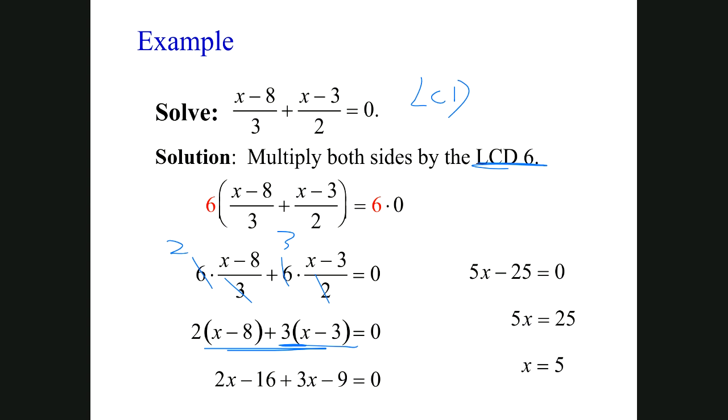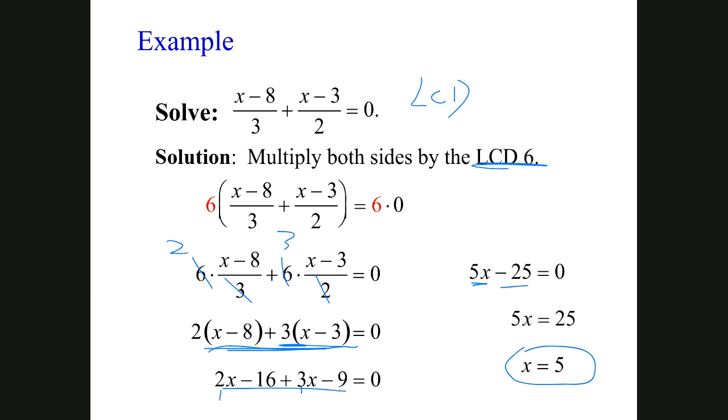We get rid of the denominator, now we just multiply it in and combine like terms: 2x plus 3x is 5x, and then minus 25. So you solve for x equal to 5. Getting rid of the denominator is much easier.